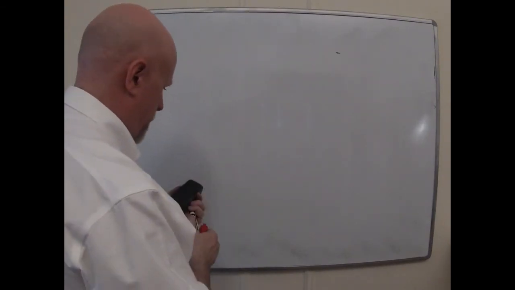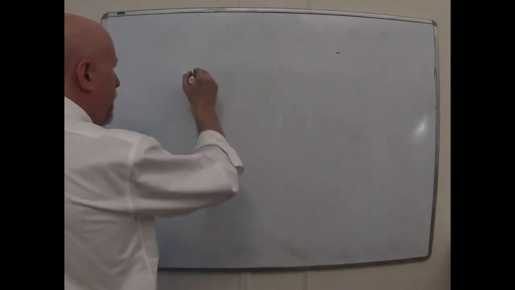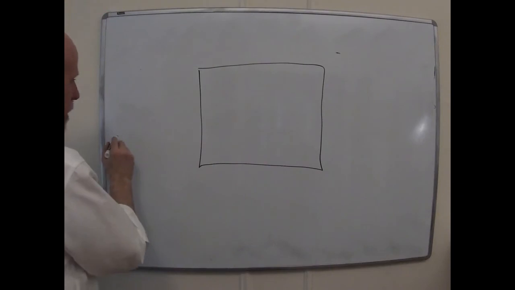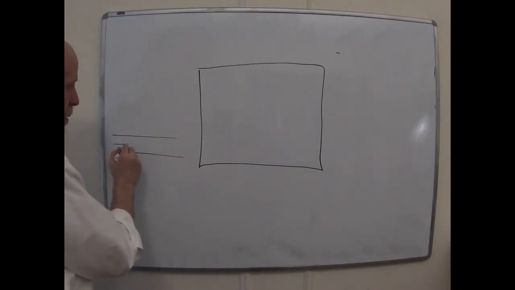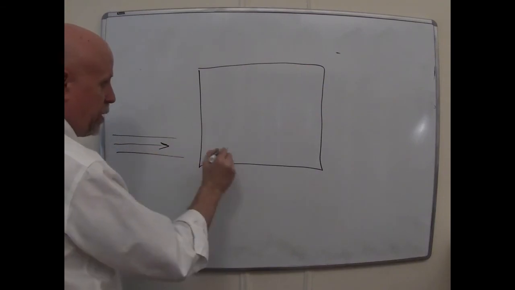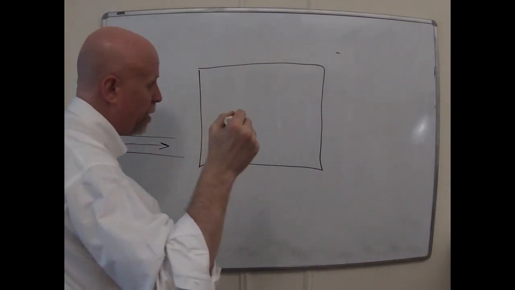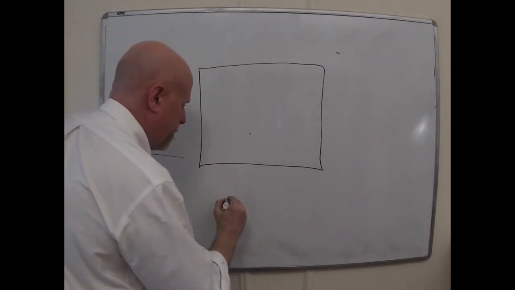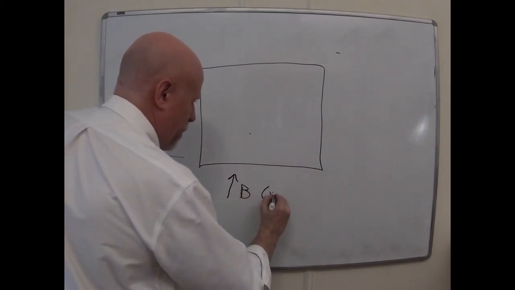So if I have a cloud chamber seen from above, it might look something like this, and the exit line for a particle accelerator might be here. So high-speed particles are entering the cloud chamber here. The magnetic field is actually going into the board. So let's draw it like that, but really it's perpendicular to the board.